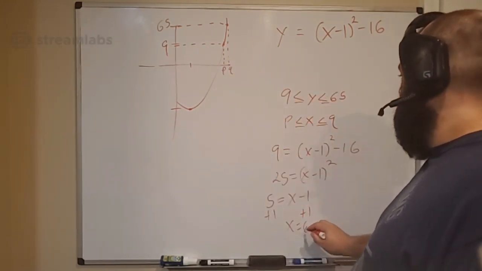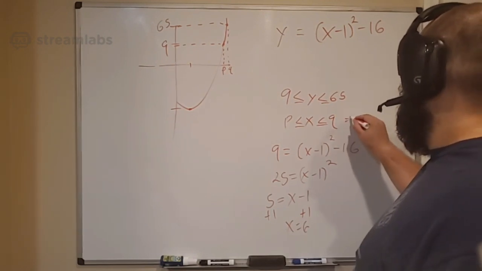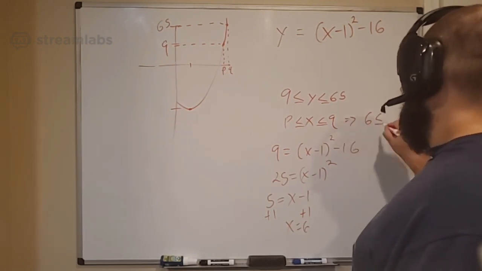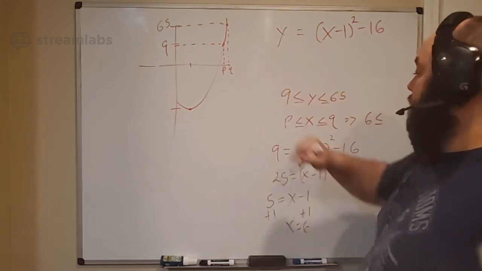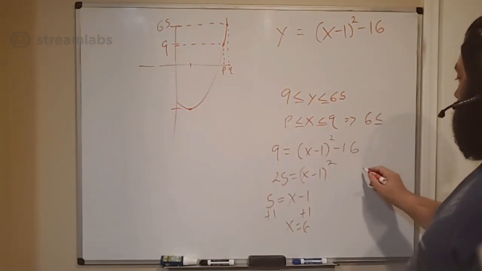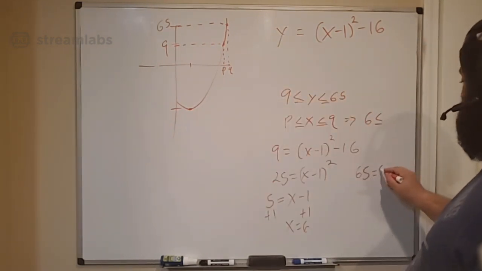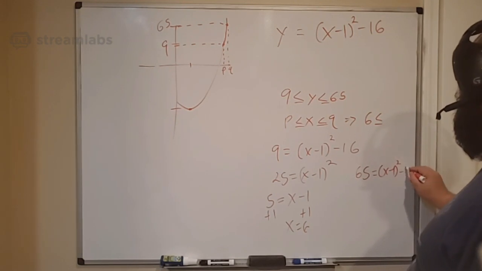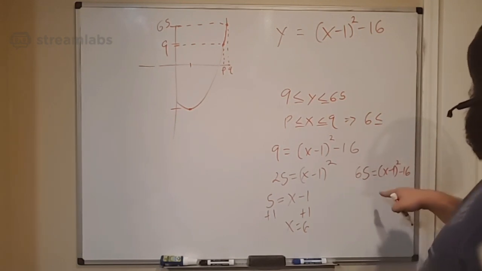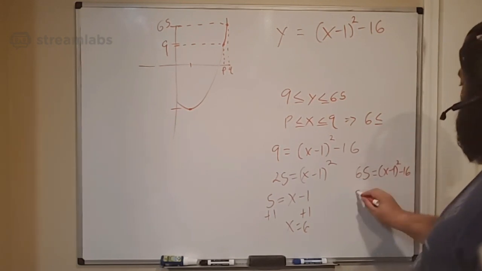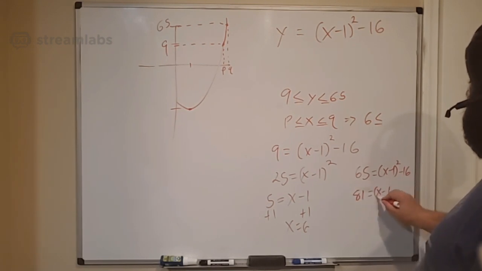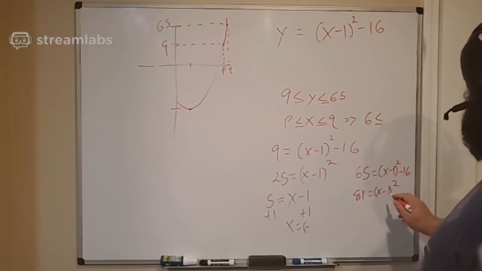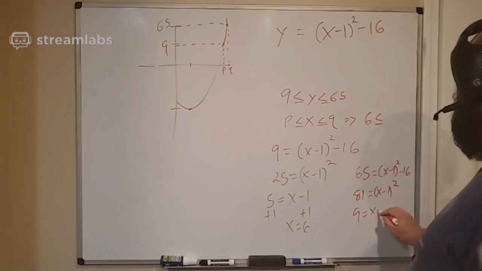And then do the same thing with 65. So you get 65 is equal to X minus 1 squared minus 16. Is that 81? Yeah. So 81 is equal to X minus 1 squared. So 9 is equal to X minus 1, plus 1. X is equal to 10. So between 6 and 10.